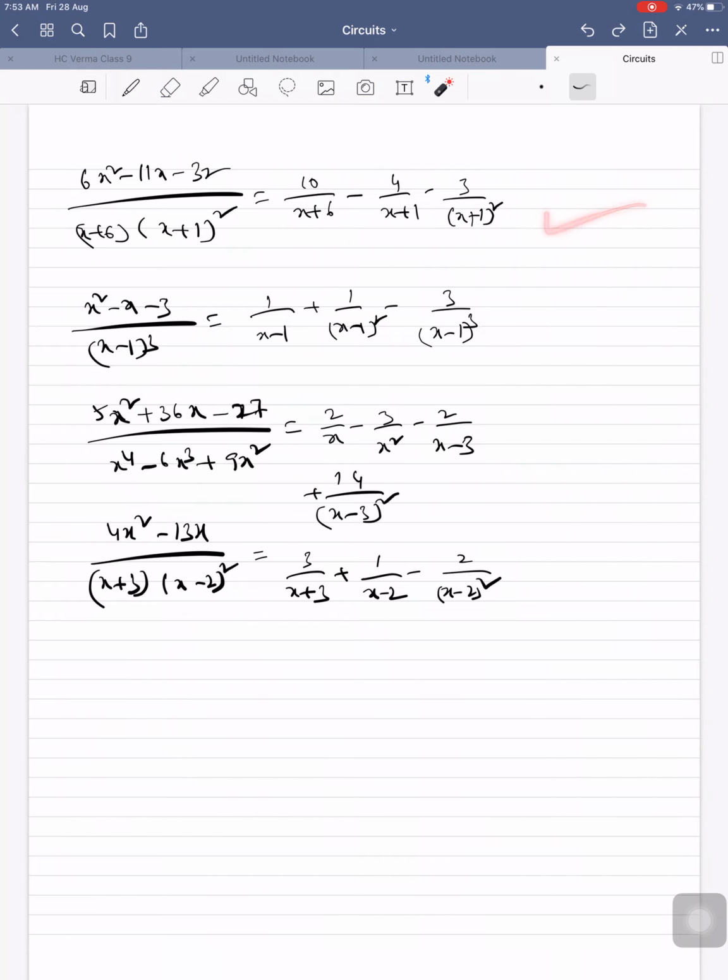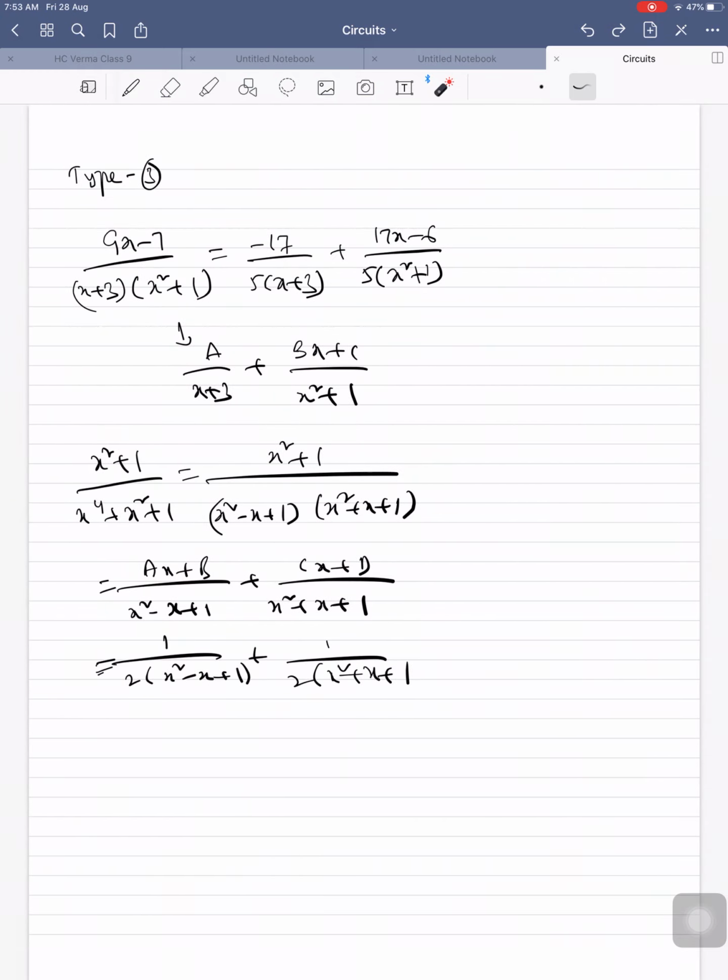These are also type 3, 9x minus 9 by 9x minus 7 by x minus 3 into x square plus 1. In this case, you will write a by x plus 3 plus bx plus c by x square plus 1. Multiply on both sides x plus 3, you will get a, that means minus 17 by 5.